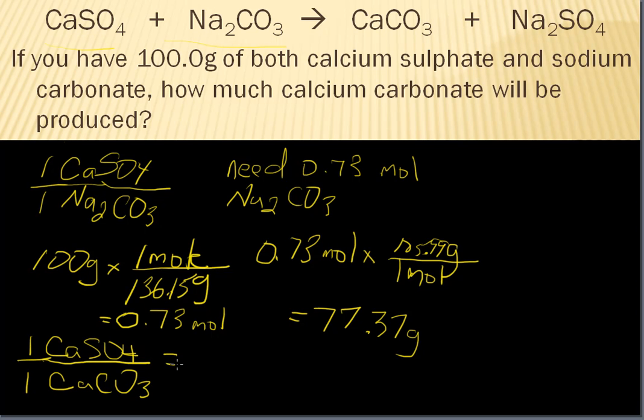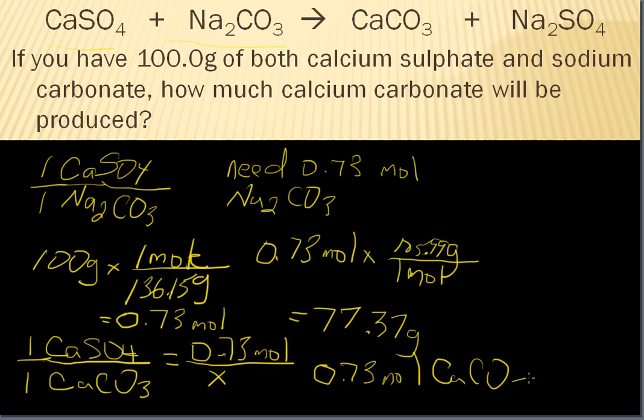So we know that we have, if we look back here, 0.73 moles of our limiting reagent, calcium sulfate, over X. So 0.73 times 1 divided by 1, we are going to produce 0.73 moles of calcium carbonate.